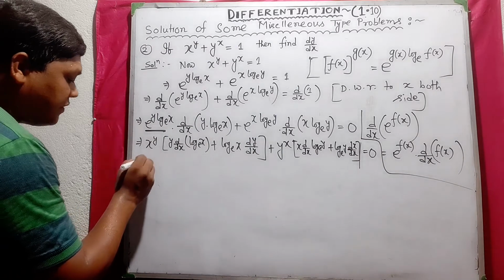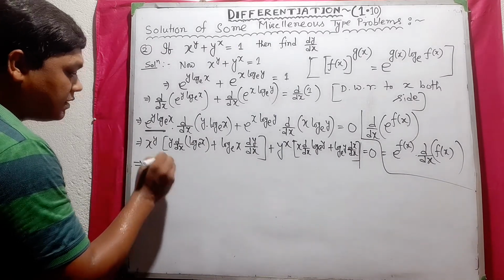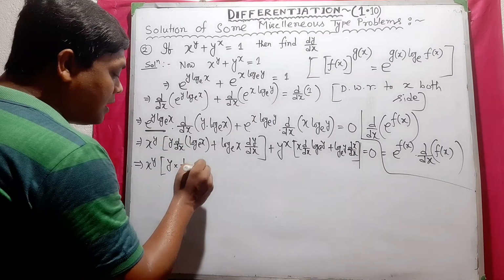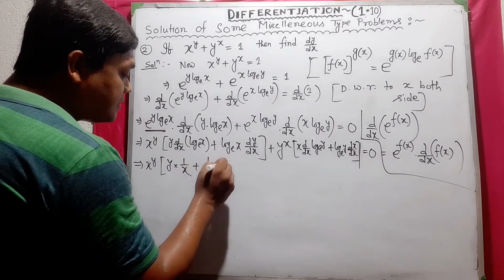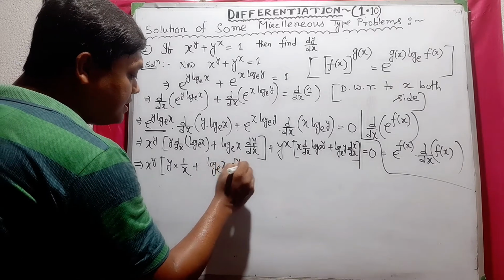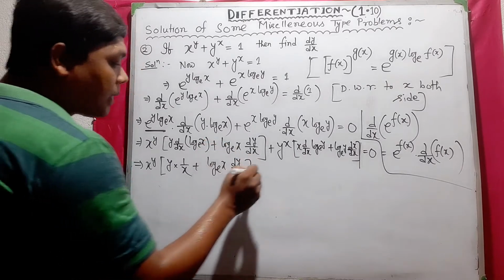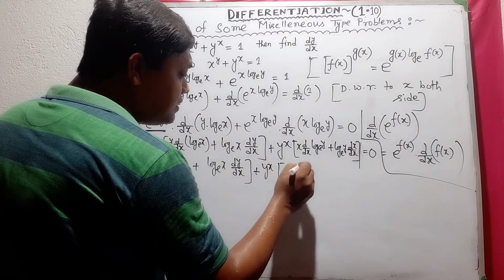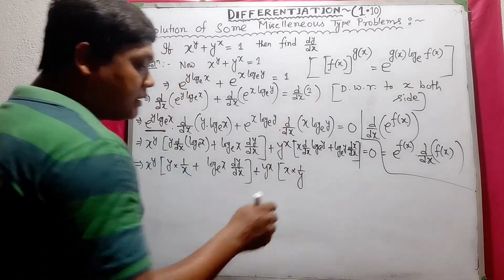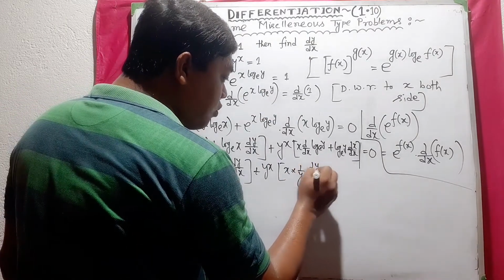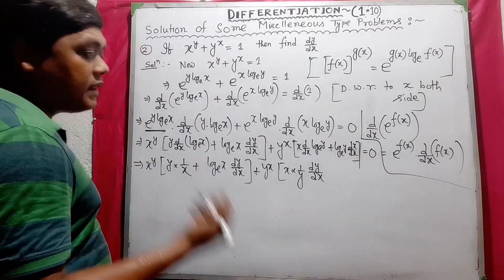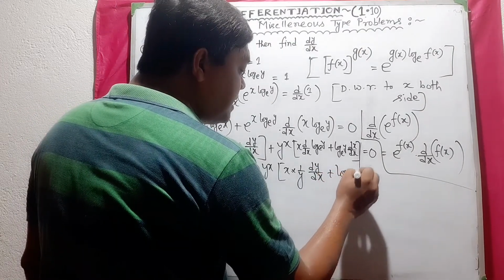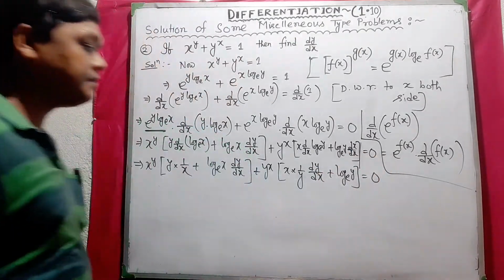So after simplification, we see y into 1 by x after differentiation, plus log x base e dy/dx, and y to the power x, x into 1 by y dy/dx, the derivative of log y being 1 by y, and then plus log y base e, equals 0.